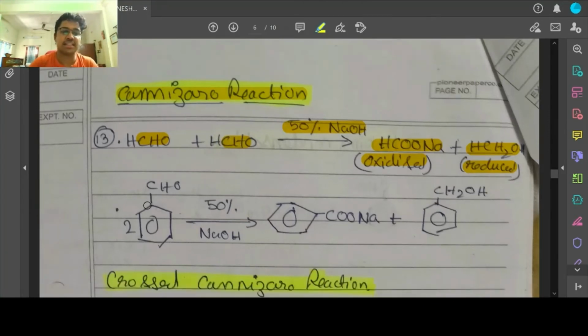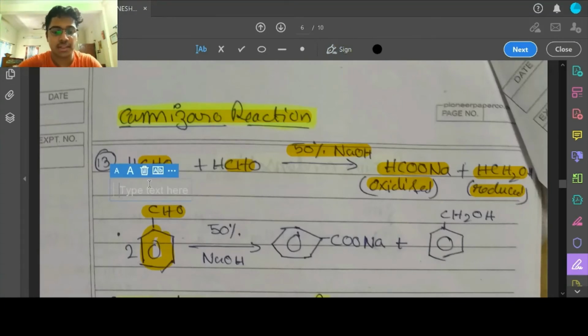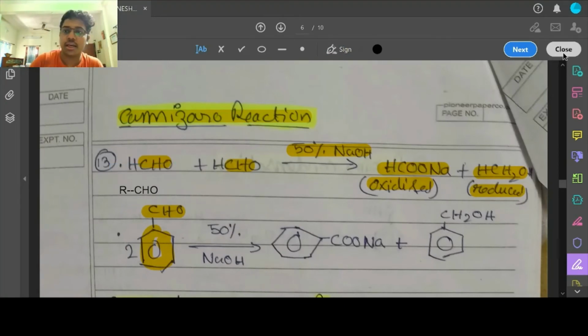Let us see an example. Here it was H, and now it is a benzene ring. So the CHO group is constant, and the group attached to it varies. This is the general formula: if it is RCHO, then it will give RCOONa and RCH2OH.